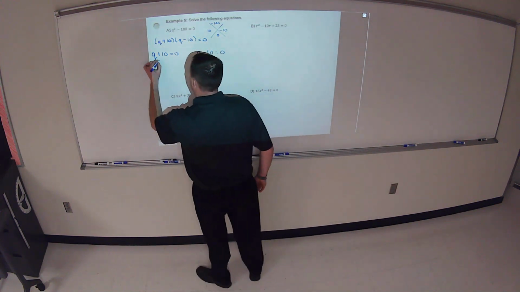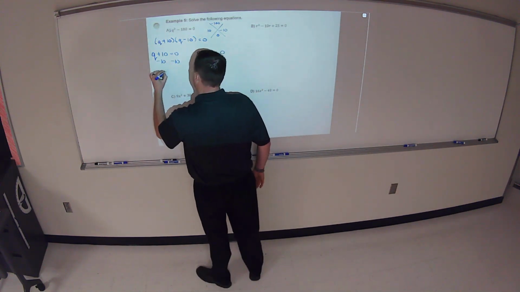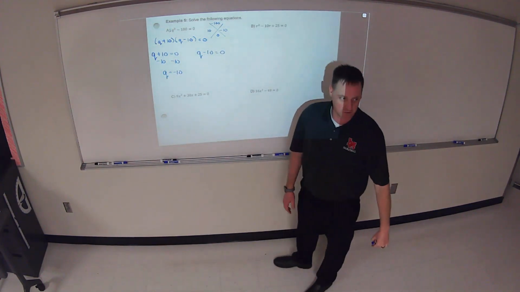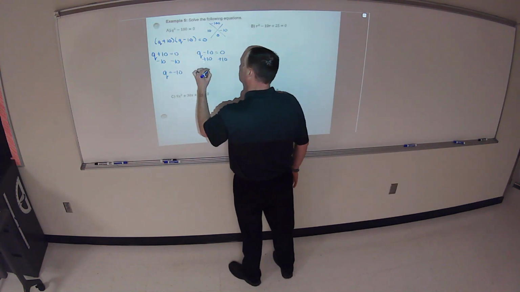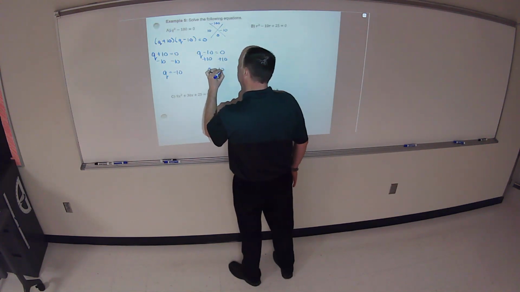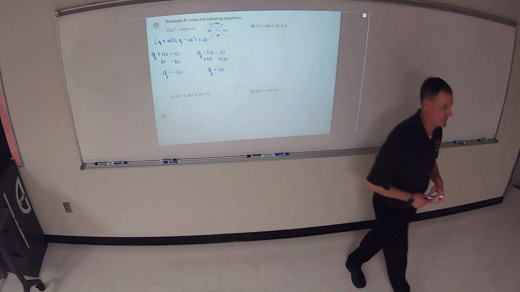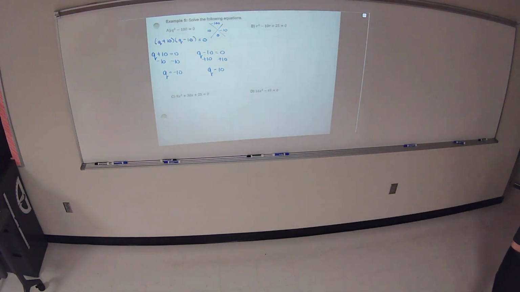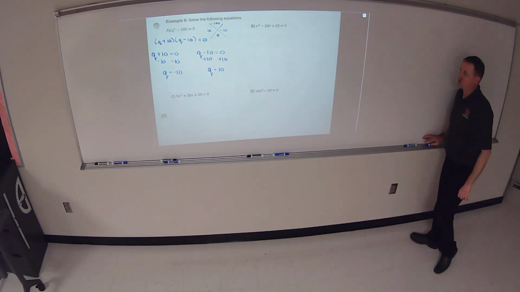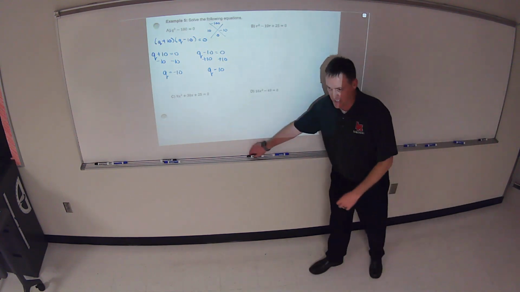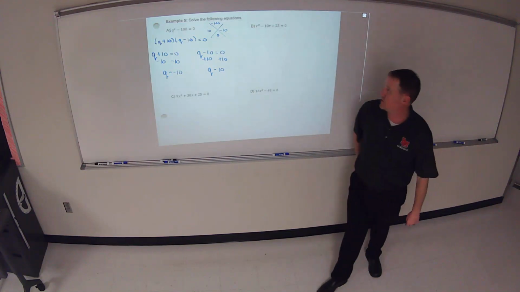If we solve the first one by subtracting 10 from both sides, Q is equal to negative 10. Over here, we'd add 10 to both sides, and Q should be equal to positive 10. There's my 2 answers. Again, the only time we're going to end up with 1 is if my 2 factors end up being the exact same.